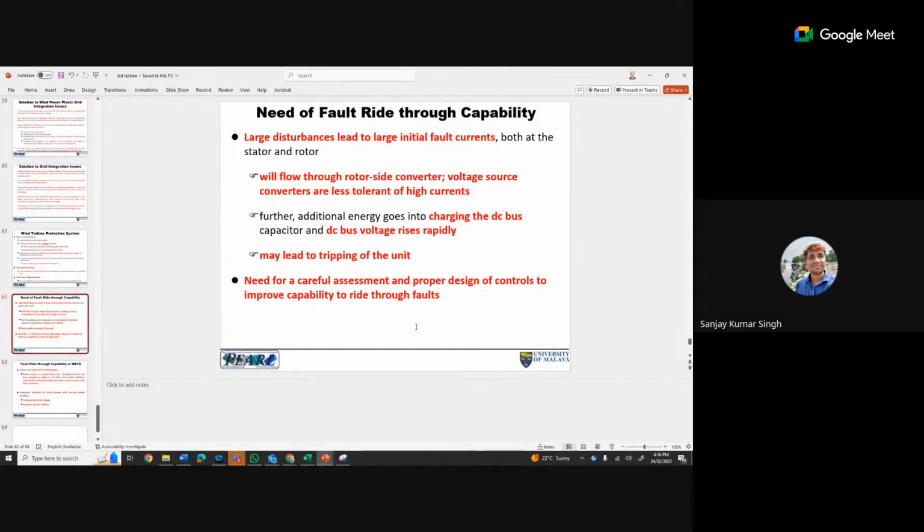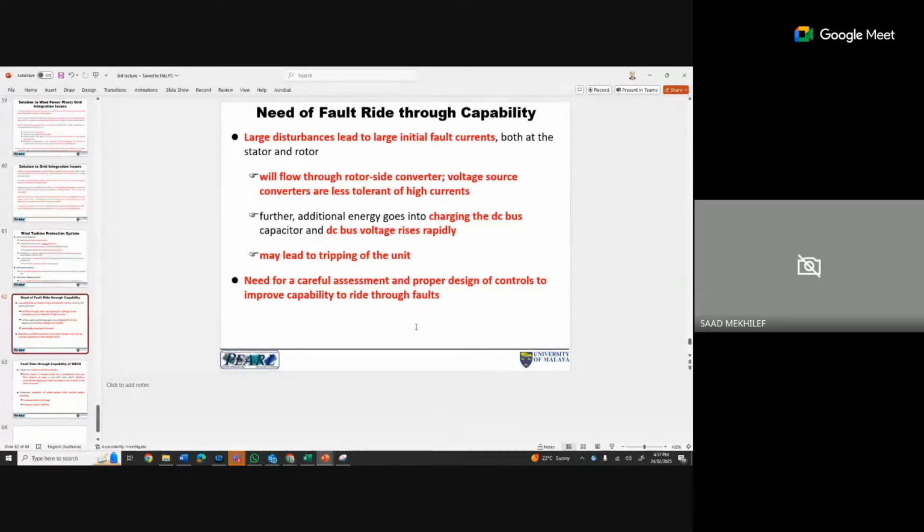Got it. So, sir, with respect to hardware, does it remain the same for grid following and grid forming? Only the control part plays the role? Yes, the hardware is the same. It's an inverter. It's all the control.